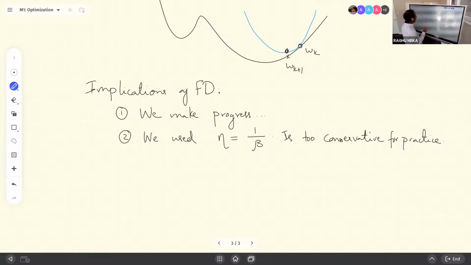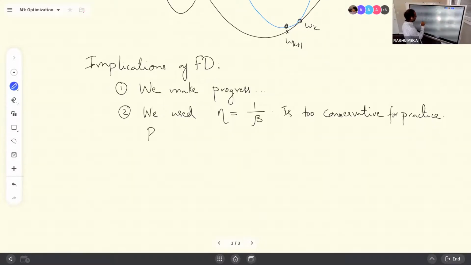What people do in practice, like your practical tricks, is you look for the largest step size which gives you a bound just like in the theorem. Okay, because you know that's the best we can hope for. So let's try and mimic that.